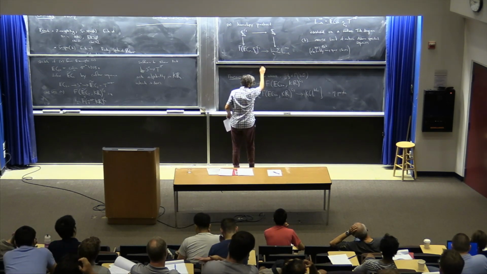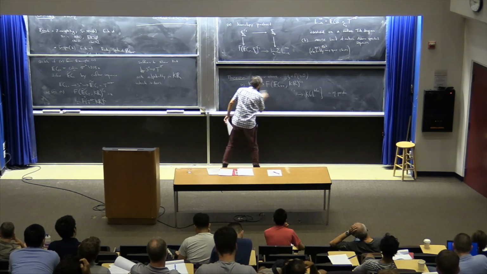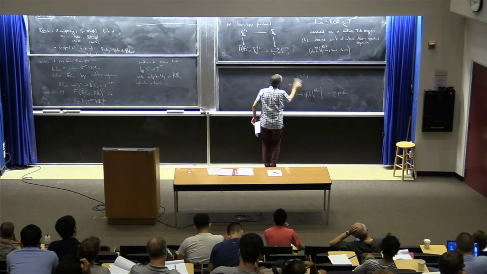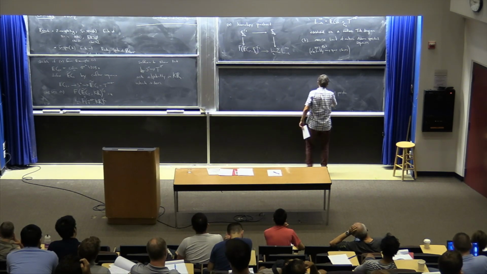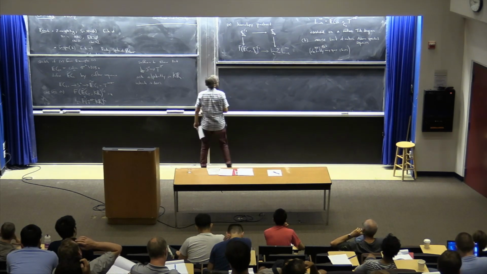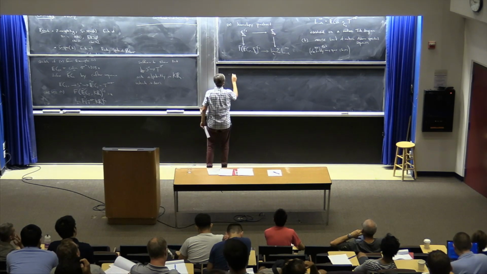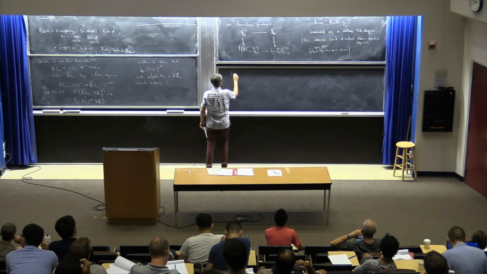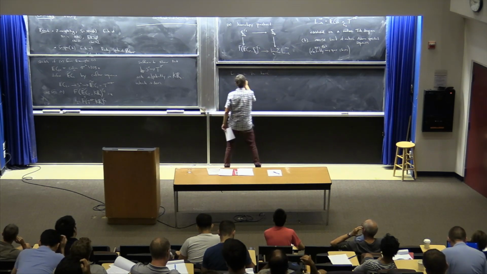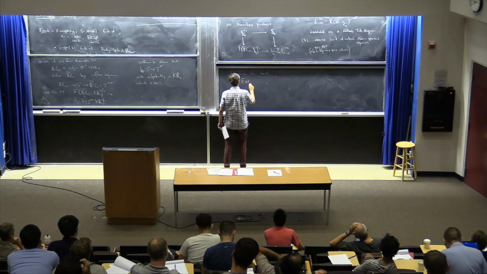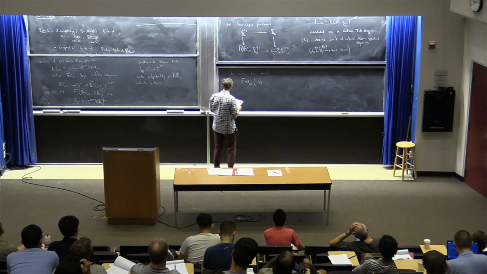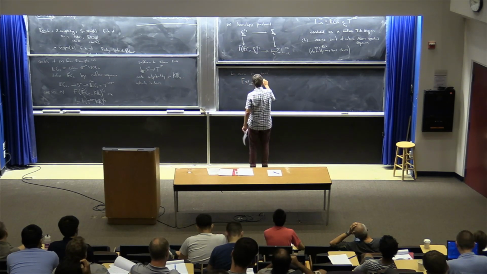And that's just enough for certain inverse limits to be exact and to make this work. So for each n, we have the motivic Adams spectral sequence. So going Ext over the motivic Steenrod algebra.